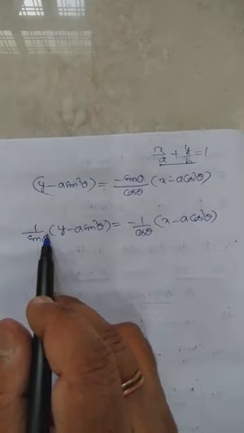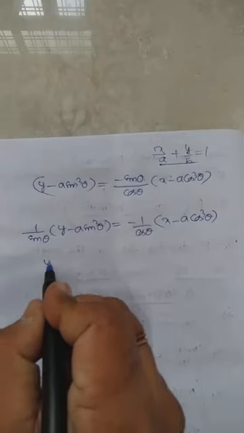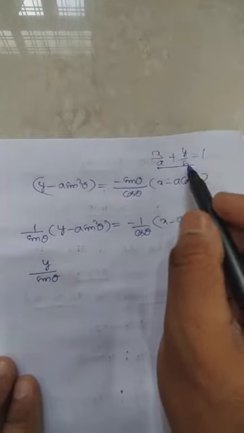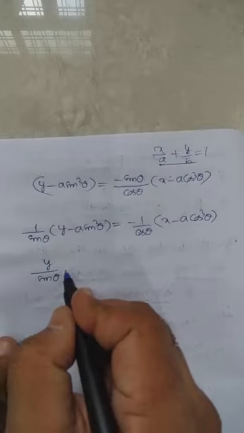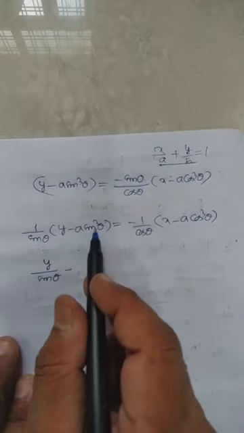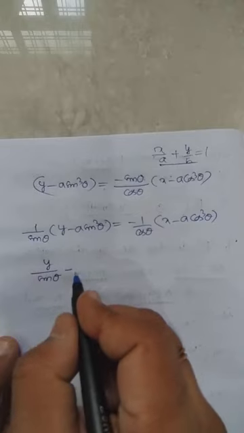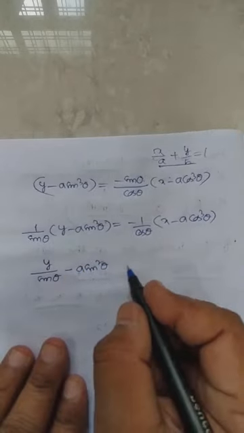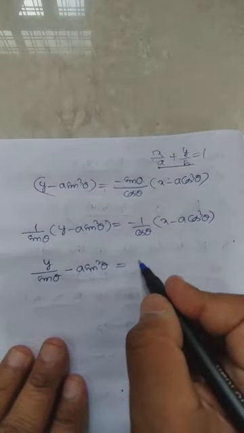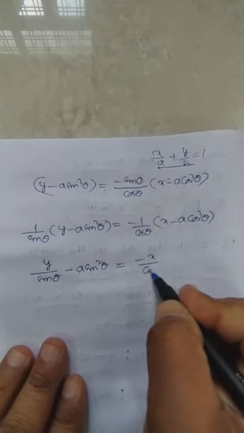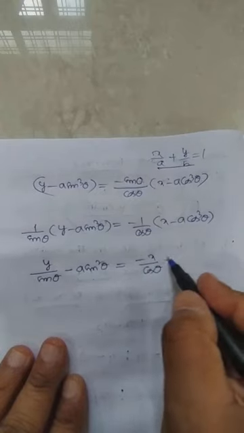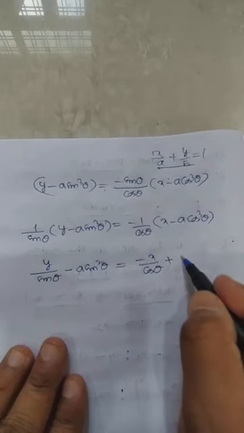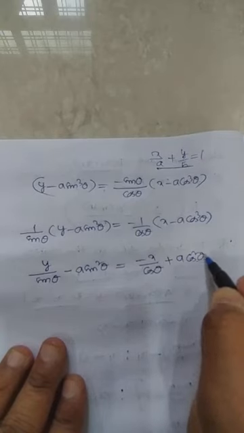So we directly got y by sin theta, minus a sin cube theta by sin theta, which is a sin square theta, equal to, similarly here, minus x by cos theta, and minus of minus plus a cos cube theta by cos theta, which is a cos square theta.